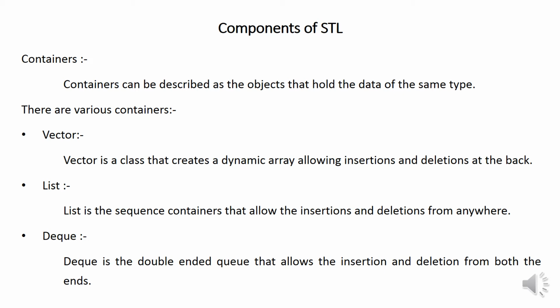Then the second component of STL is list. Friends, you already executed list in your Python second year practicals. So list is a sequence container that allows insertion and deletion from anywhere. Means you can insert an element as well as delete an element anywhere in the list.